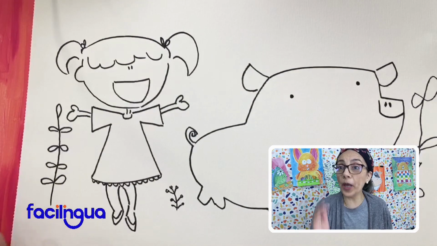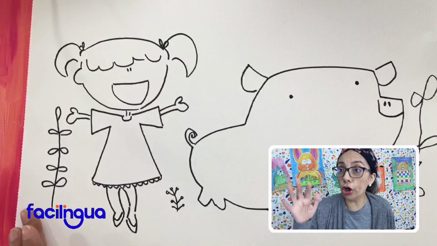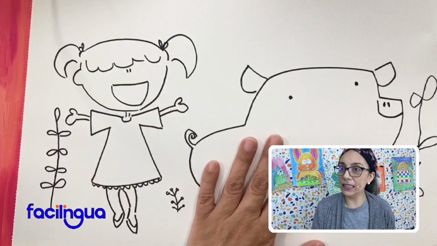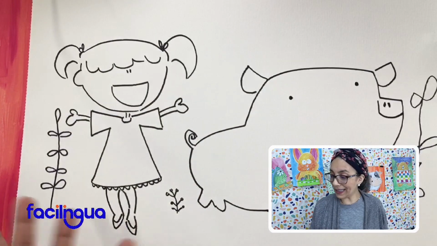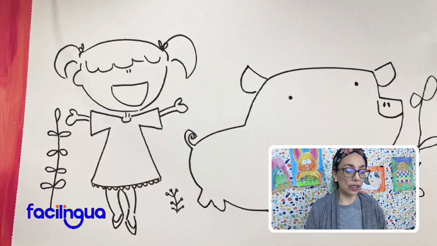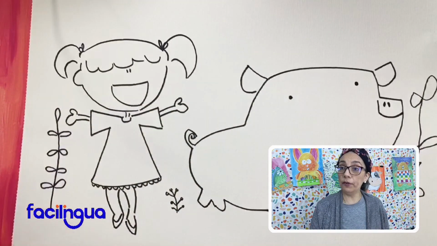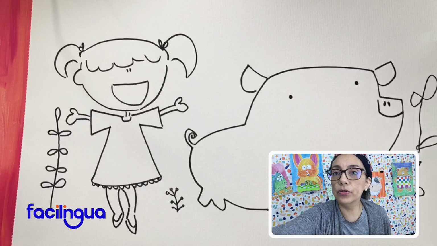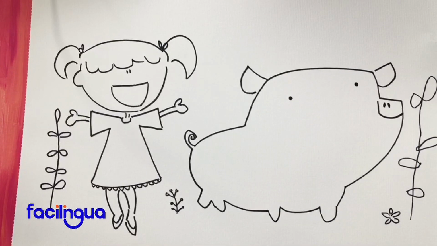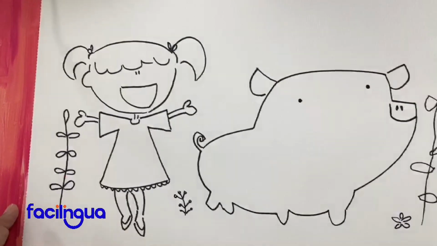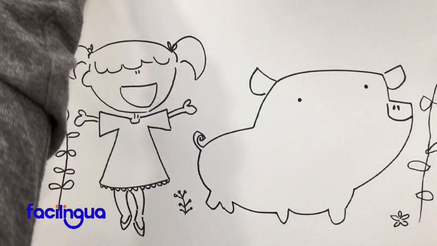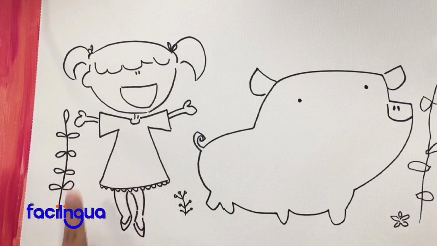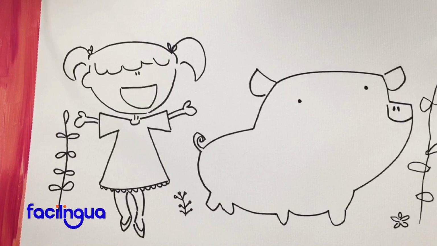Now we are going to paint. We are going to color this little girl and this pig. And you can select whatever, lo que sea, whatever colors you prefer. So you can select any colors that you prefer to color your pig and to color your girl and to color the flowers, the plants.